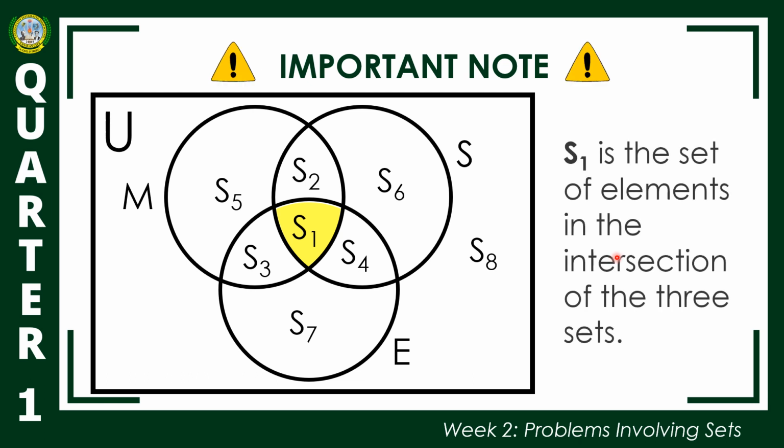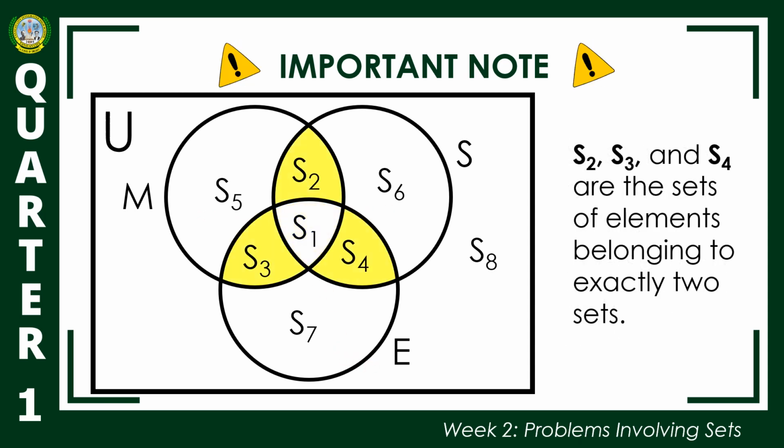S sub 1 refers to the set of elements in the intersection of the 3 sets. Ito po yung mga elements na matatagpuan mo kay M, kay S, at kay E. S sub 2, S sub 3, and S sub 4 are the sets of elements belonging to exactly 2 sets.